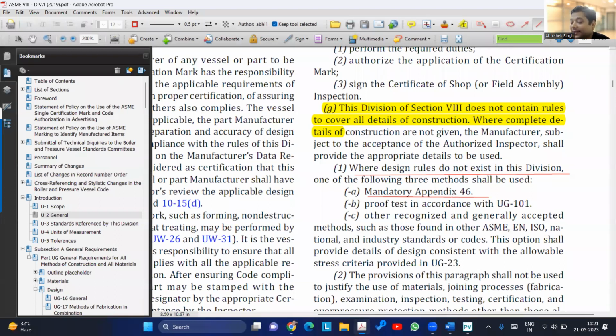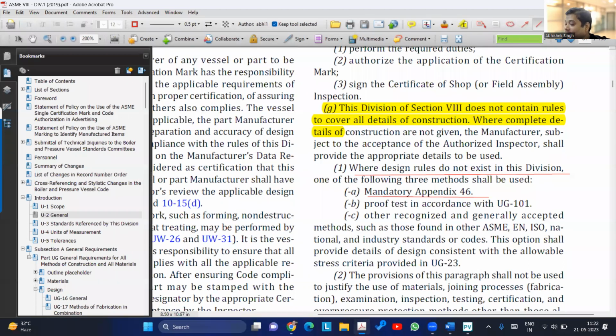It's not like that. Failing or passing, if the rules are there in Division 1, you have to follow them. You cannot avoid that and jump to Division 2. For WRC, for radials and all, we can go because there is no rule. If we cannot apply WRC, then we go to FEA by this route because there is no rule available. Getting it? So hope now it's clear.